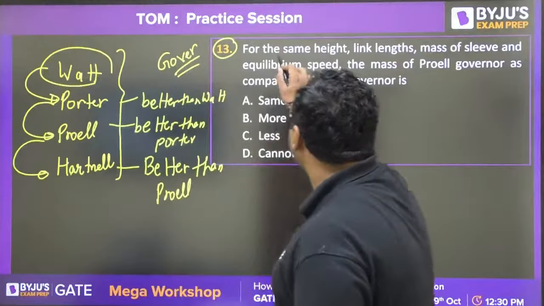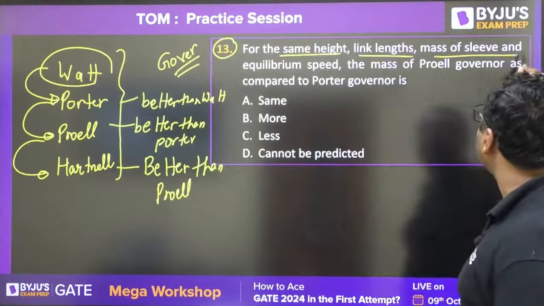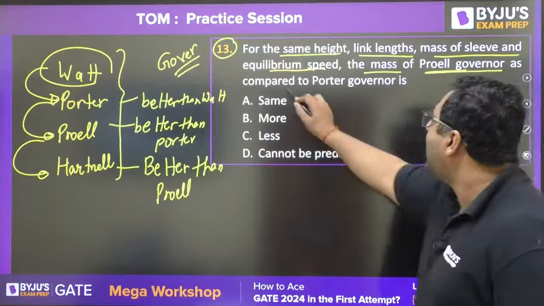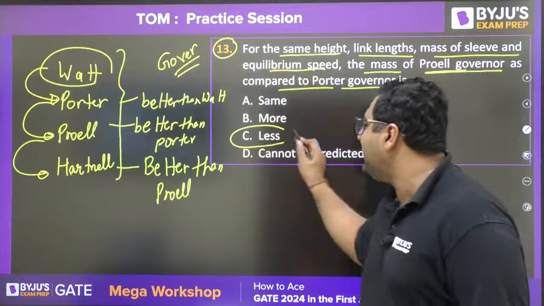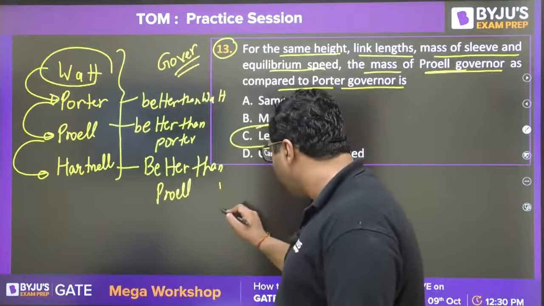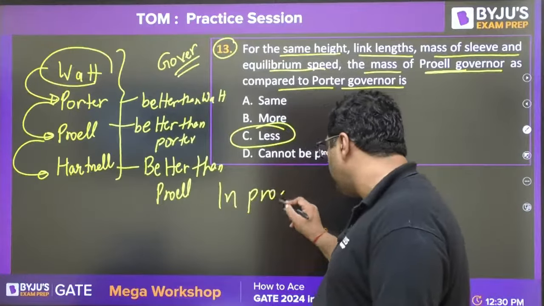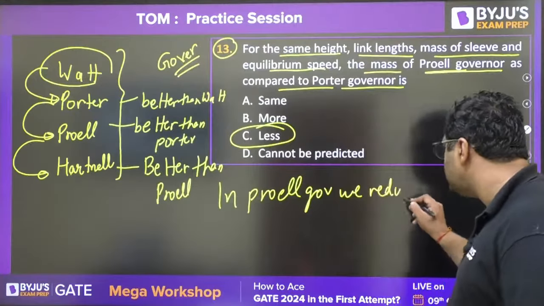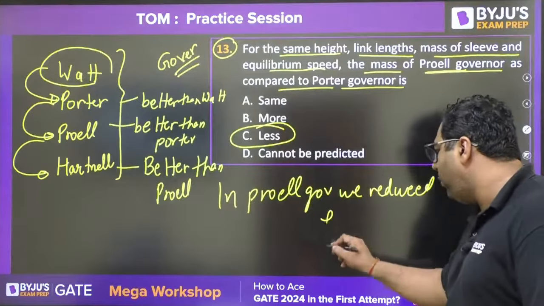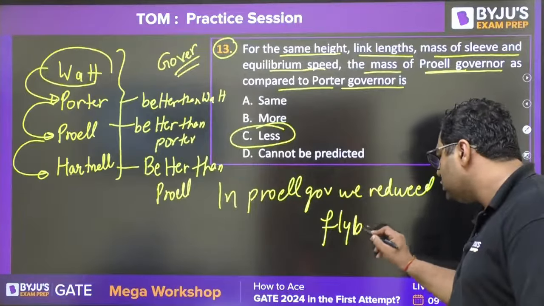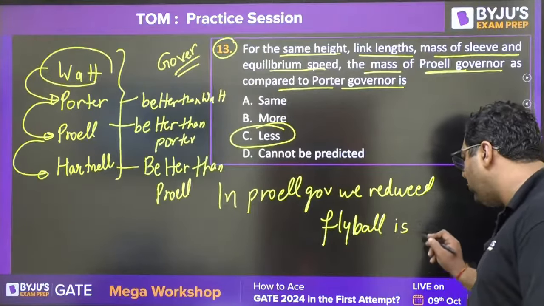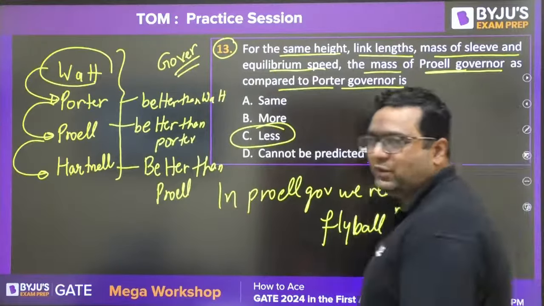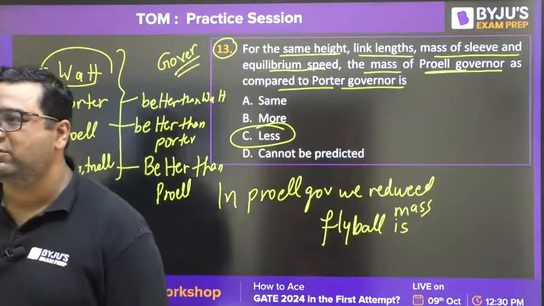So they are saying for the same height, link length, mass of the sleeve, and equilibrium speed, the mass of the Proell governor as compared to the Porter governor will be less, because in the Proell governor we reduced the fly ball mass. The sleeve mass is the same, but the fly ball mass is reduced. So the answer will be C.